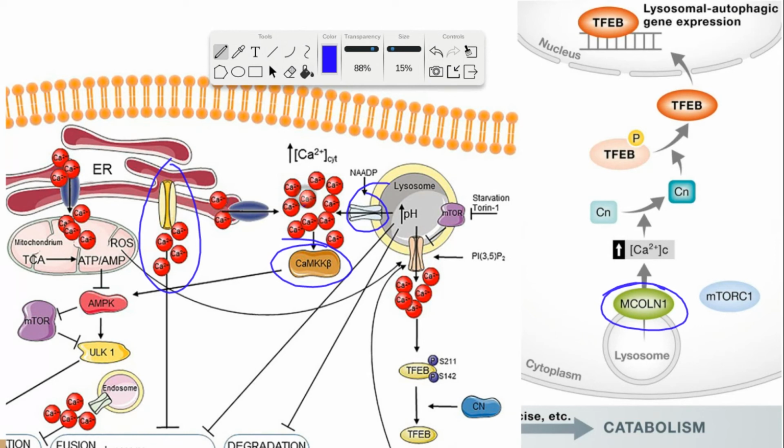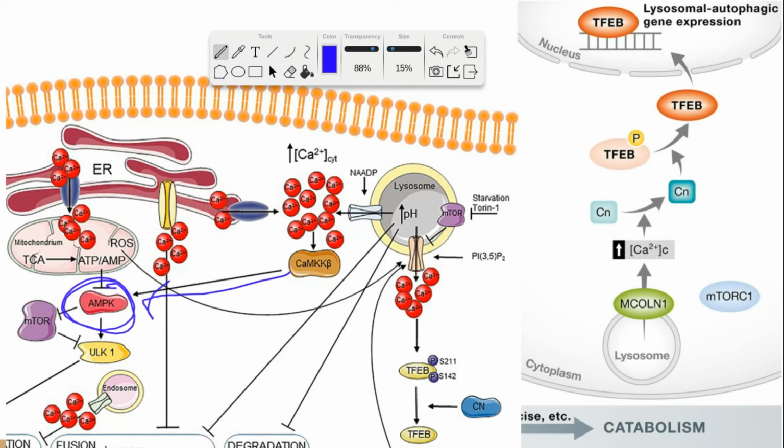So these calcium ions can indirectly activate CaMKK beta through calmodulin. And when these calcium fluxes activate CaMKK beta, it can phosphorylate and activate AMPK.